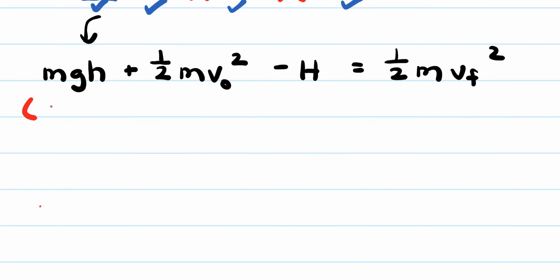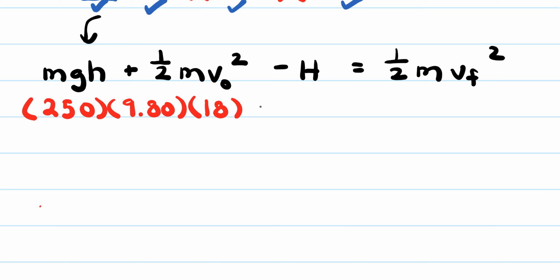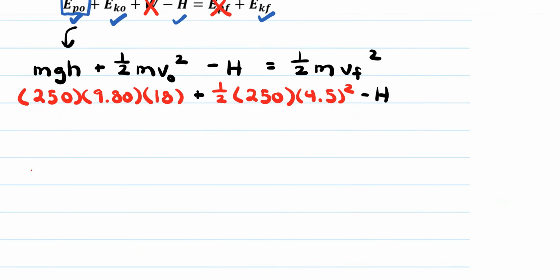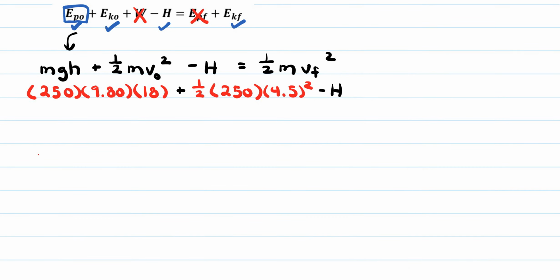The mass is 250 kilograms, the acceleration due to gravity is 9.80, and the initial height is 18. Then we add the initial kinetic energy, 1/2 times 250 times the initial speed of 4.5 squared, and then minus the heat energy. Those are the numbers we need at the beginning of the problem.